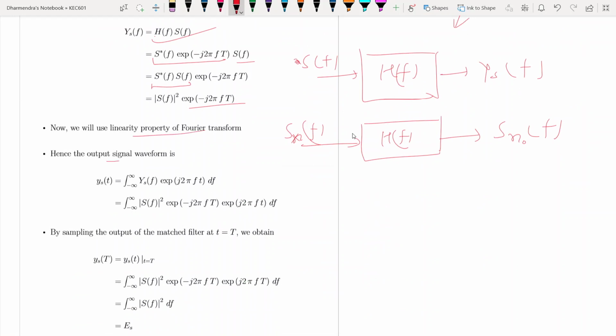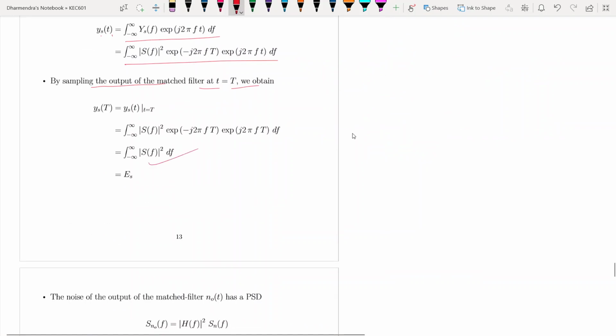Hence, for the output signal waveform ys of t, take the inverse Fourier transform. I substitute this, and then I sample the output of the matched filter at time t to obtain this, and after simplification this is equal to the energy. This will cancel out. Okay, so this is equal to the energy in the frequency domain of this signal ys of t.